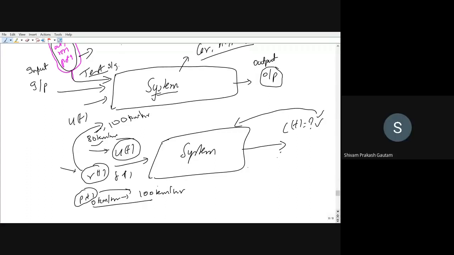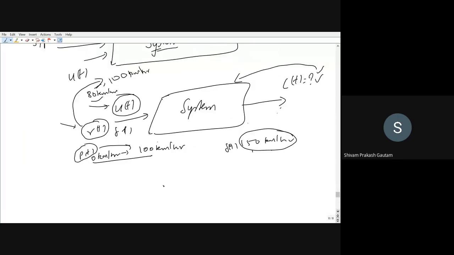Suppose you are running at 150 kilometers per hour, and a red light or breaker comes. You have not seen the breaker from far away, and suddenly you see that there is a breaker. You want your system to stop. In that case, you can provide delta(t).